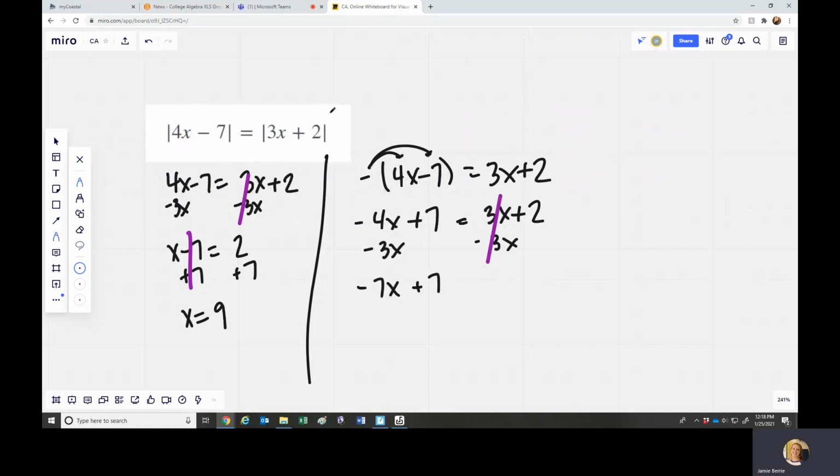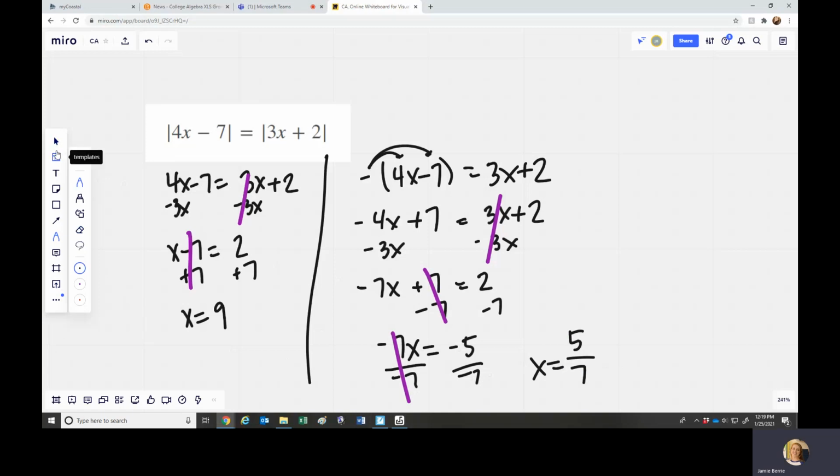If you're solving it a different way, if you're moving a different number over, that's totally fine. Then I'm going to move the 7 over. Negative 7x equals negative 5. Divide both sides by negative 7. We have x equals, negative over negative makes it positive, 5 over 7.